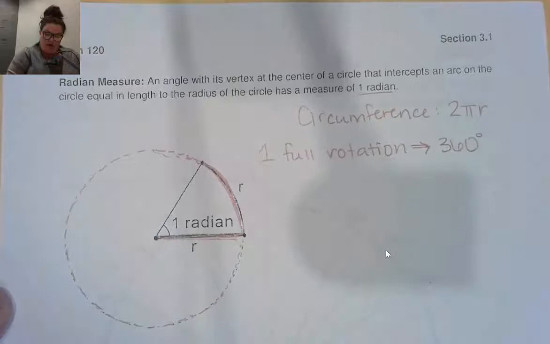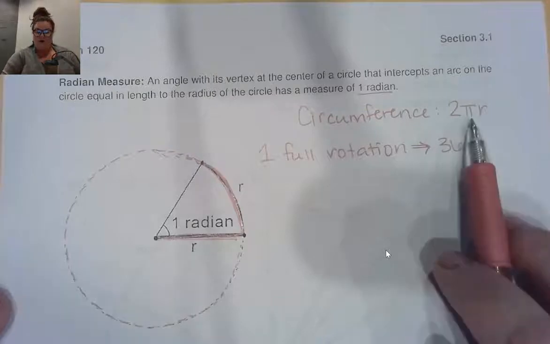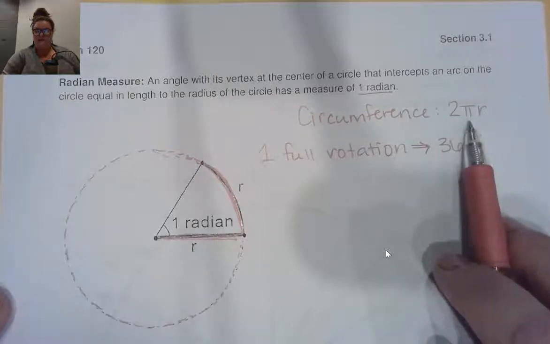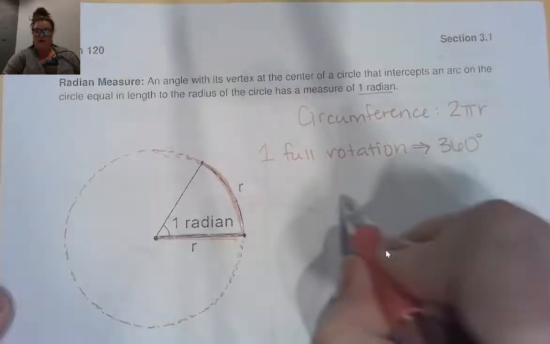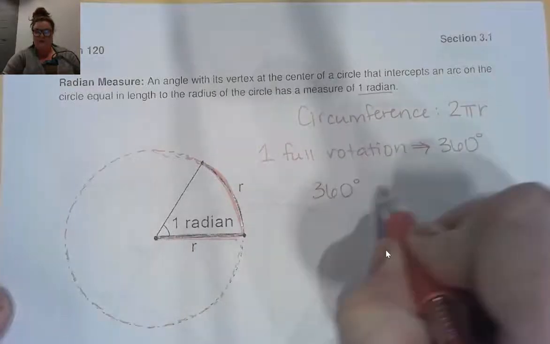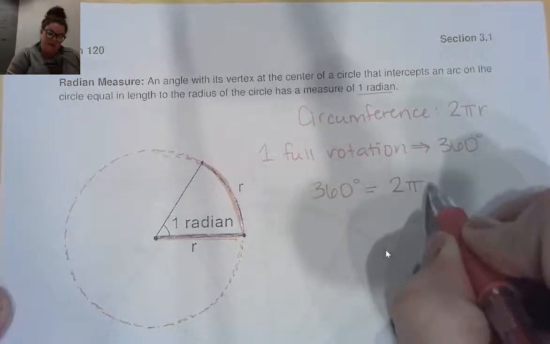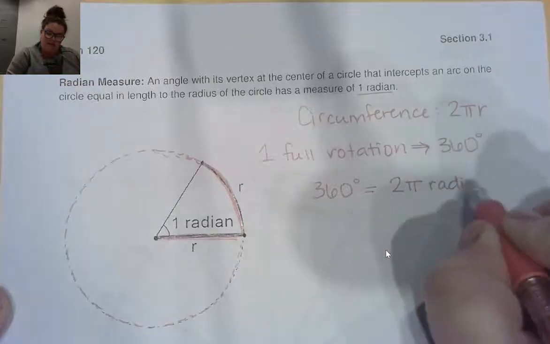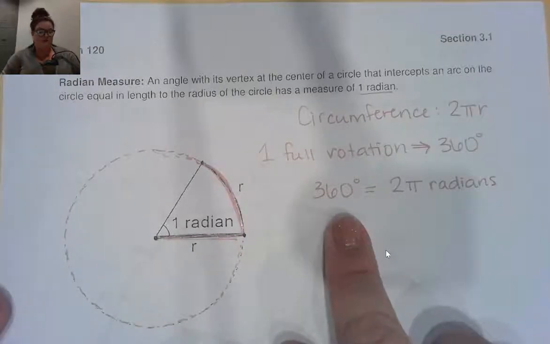One full rotation is 360 degrees. So 360 degrees is the same as 2 pi r, where this r stands for radians. So we can say 360 degrees is the same thing as 2 pi radians. So now we know where that comes from.